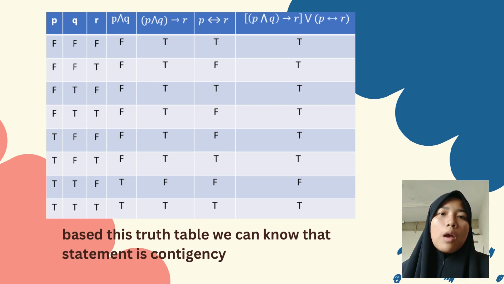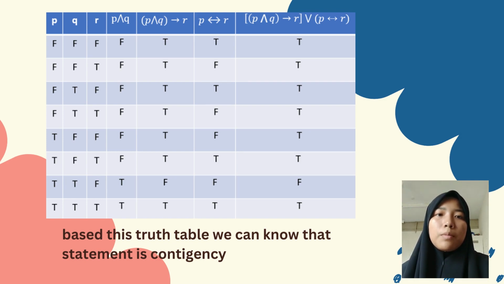Next, (P and Q) implies R. If P and Q is true and R is false, the result is false. Otherwise, the result is true. For P biconditional R, if P and R have the same value, like true true or false false, the result is true. Otherwise, the statement is false.